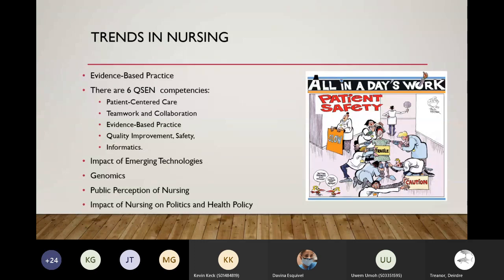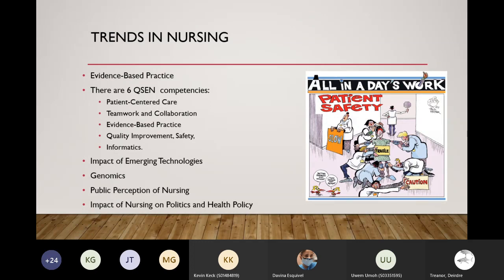Trends: evidence-based practice has always been super important. The way you practice needs to be based on the evidence. The evidence needs to show that what you're doing is beneficial. We need the research to show that. You're going to hear a lot about evidence-based practice, and there's a whole part of a lecture on it. Then you have QSEN, that's Quality and Safety Education for Nurses.